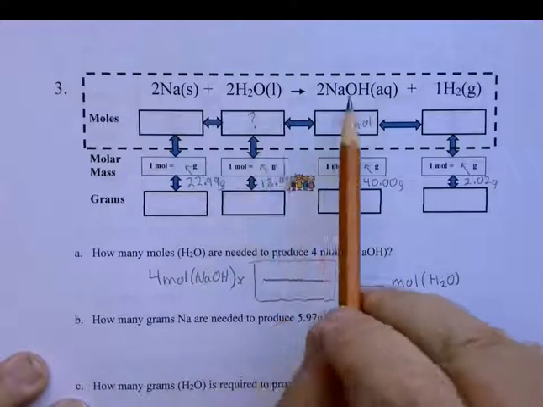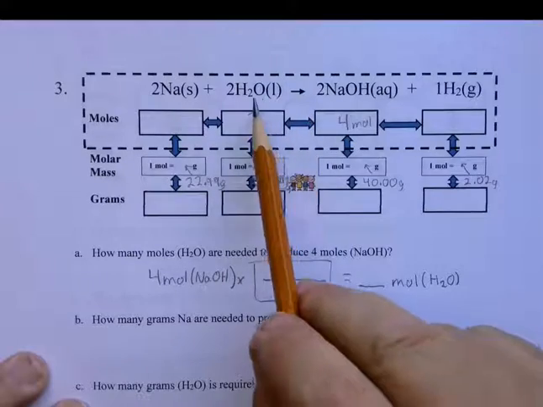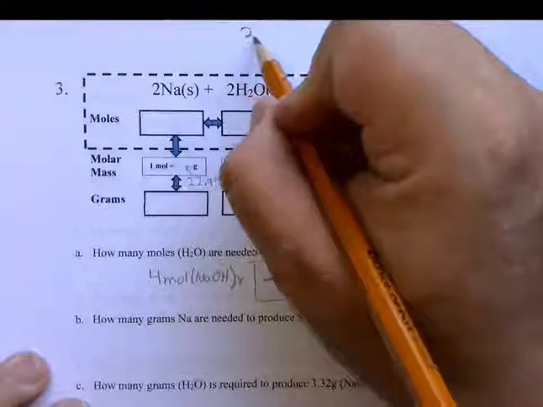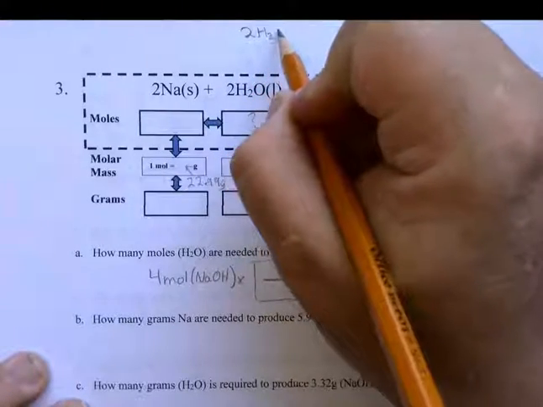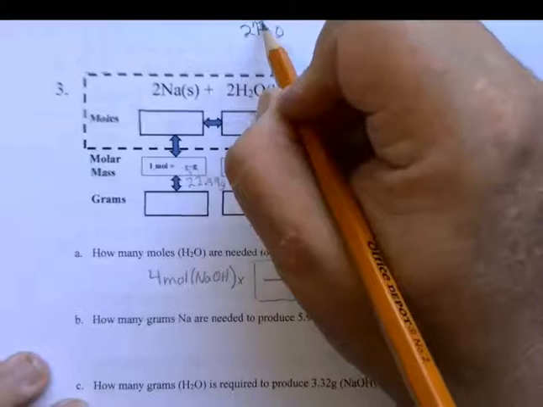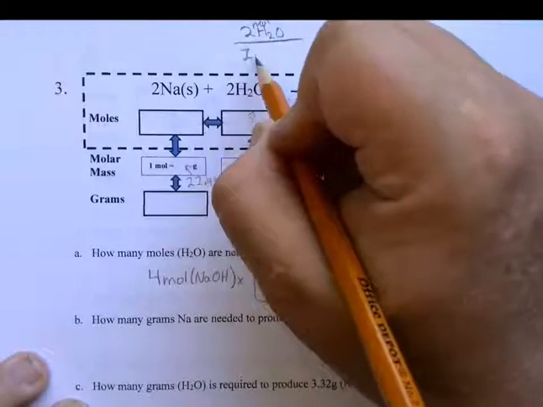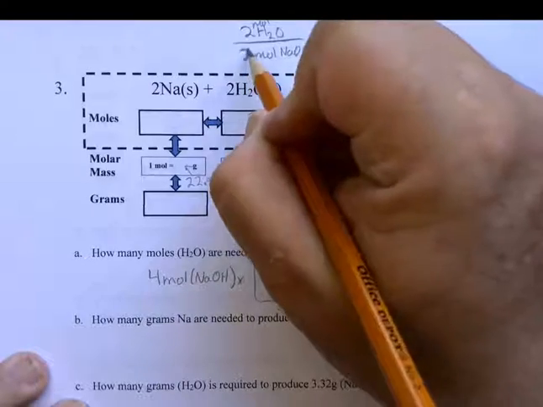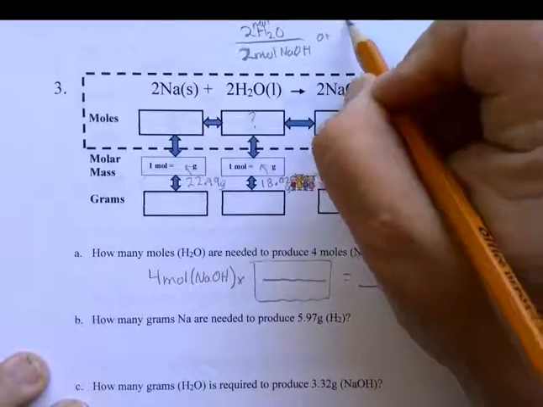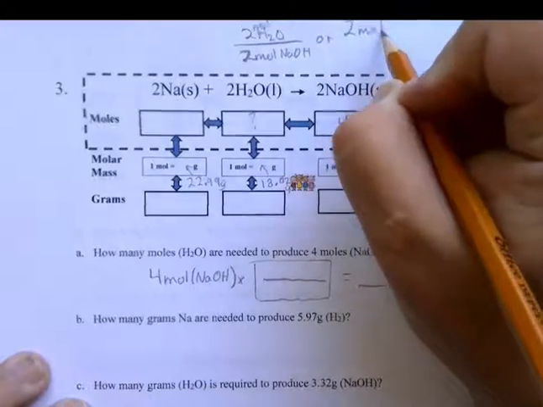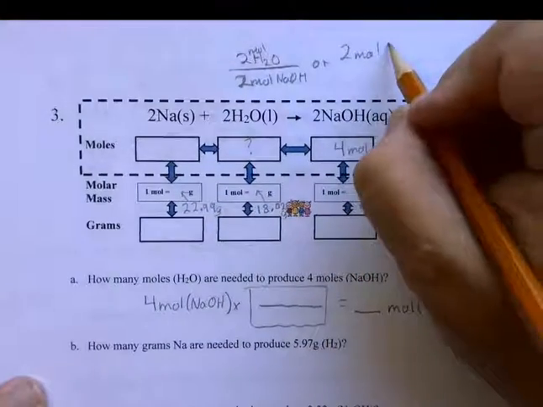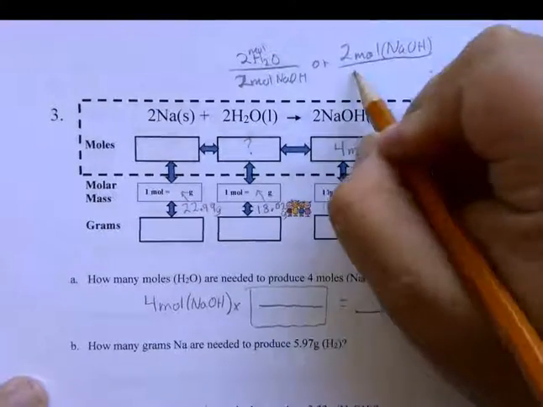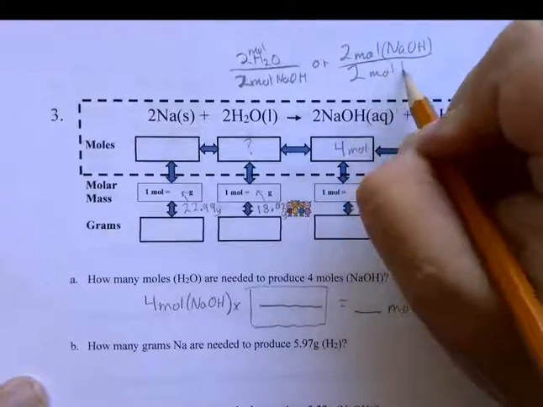So what this is saying is these relate to each other, 2 moles to 2 moles. So what that means is we can either say that we have 2 moles of H2O, which should be mole right there, for every 2 moles of NaOH, or we have 2 moles of NaOH, I'll come down on screen here, for every 2 moles of H2O.